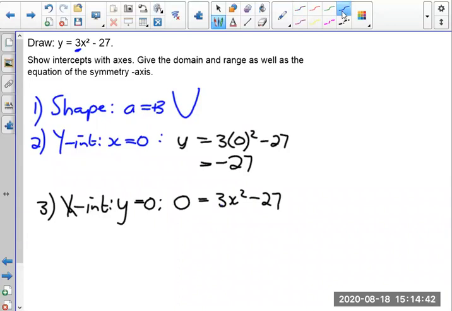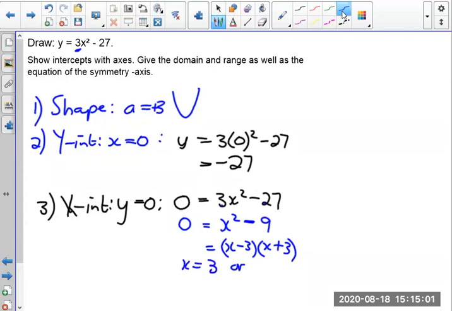Now, can you see that you can divide the 3 away? So that gives you x squared minus 9. And I can factorize that by saying (x minus 3)(x plus 3), because it's difference of two squares. So x equals 3 or x equals negative 3.